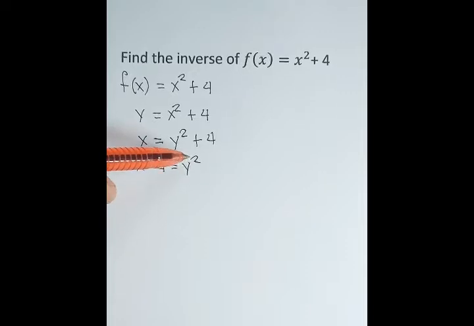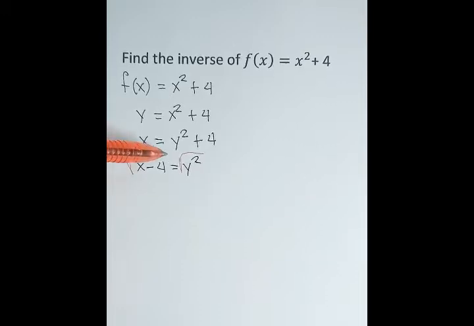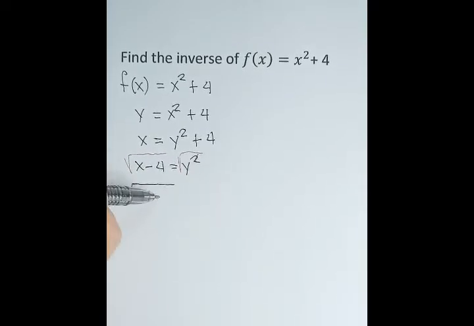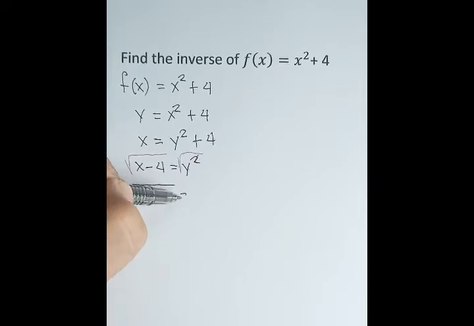So para ma-eliminate ning square, ato na siyang i-square root. Sa pikas pod ato siyang i-square root. Para ma-cancel out or ma-eliminate na ang y squared. So we have square root of x minus 4 is equal to y.